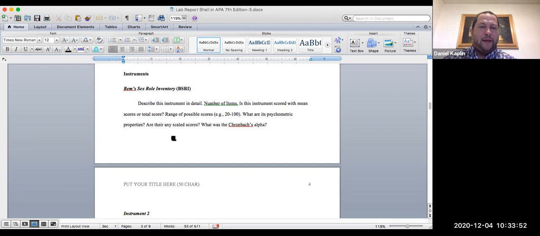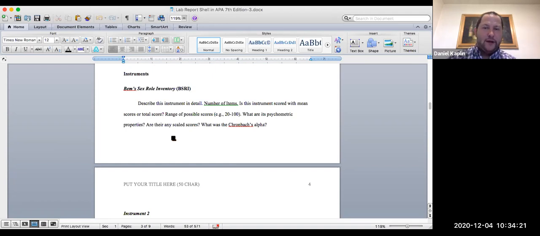So you want to have bold, italicized, left aligned, and you'll notice I give an example. For example, the BEM Sex Role Inventory, which basically measures society's values of masculinity and femininity and how one fits into given roles. Now, you would describe the instrument. You might say the BEM Sex Role Inventory is a 60-item instrument which measures masculinity, femininity, and androgyny.